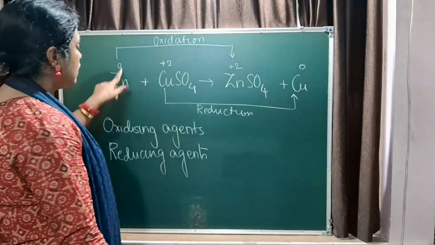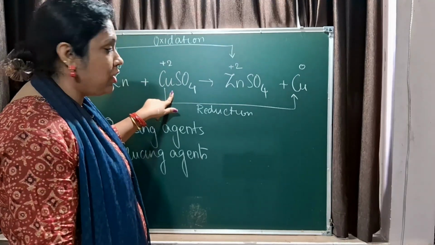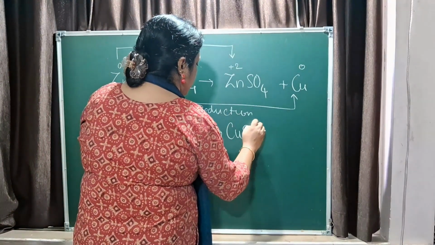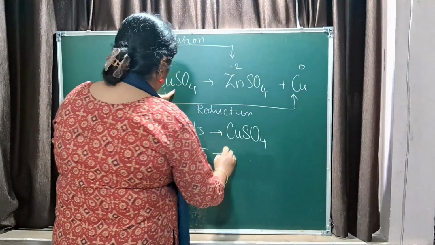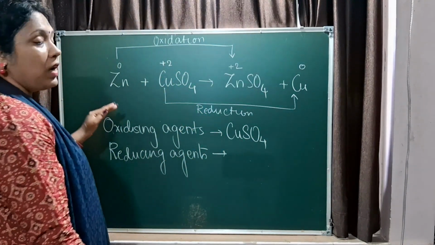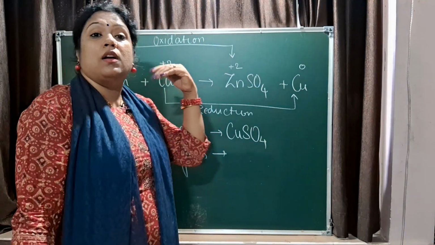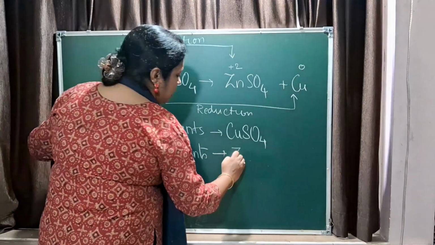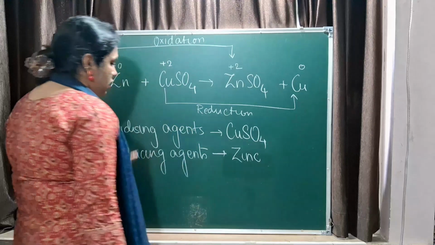So what is getting reduced here? Copper sulfate. So copper sulfate becomes the oxidizing agent. And what is the reducing agent? The one which helps in the reduction of the other. So which is getting oxidized? Zinc. So zinc is the reducing agent.